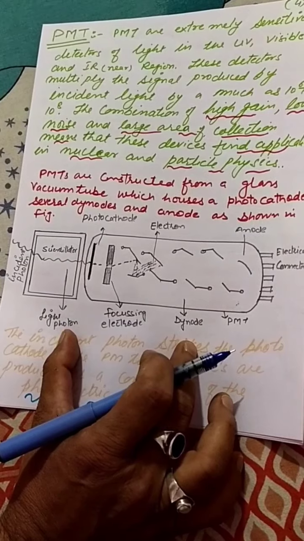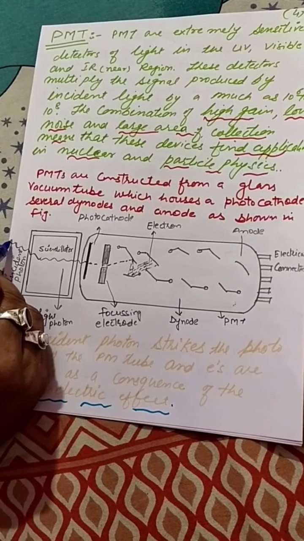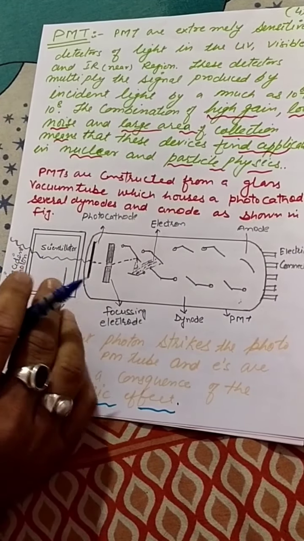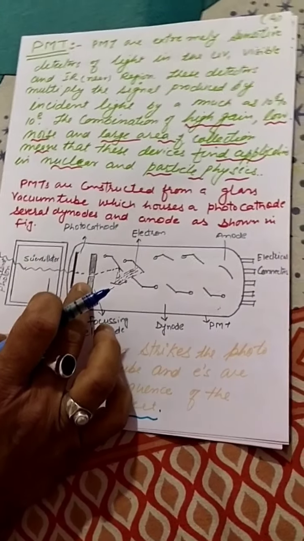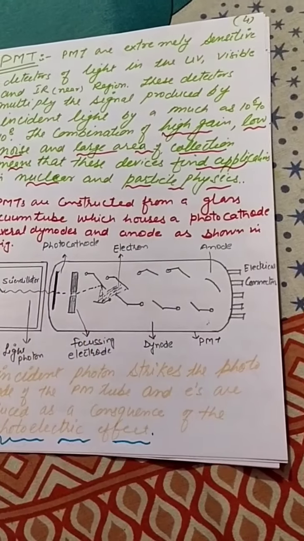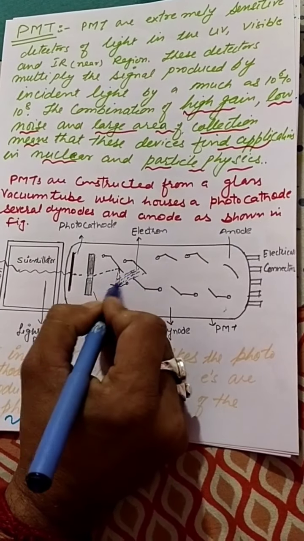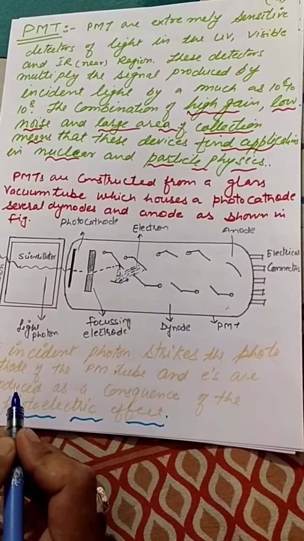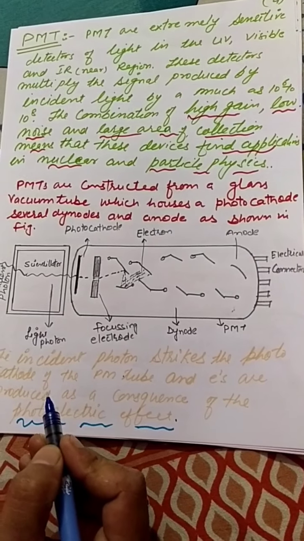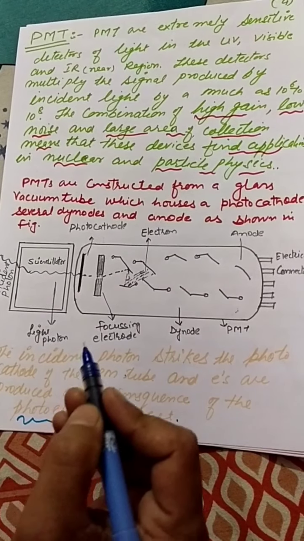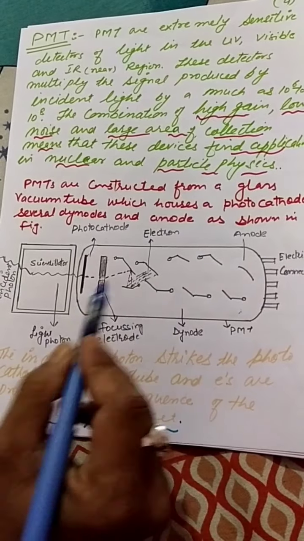Incident photons strike the photocathode of the PM tube and electrons are produced. These are electrons; here in the dotted lines we are showing the electrons. Electrons are produced as a consequence of the photoelectric effect.